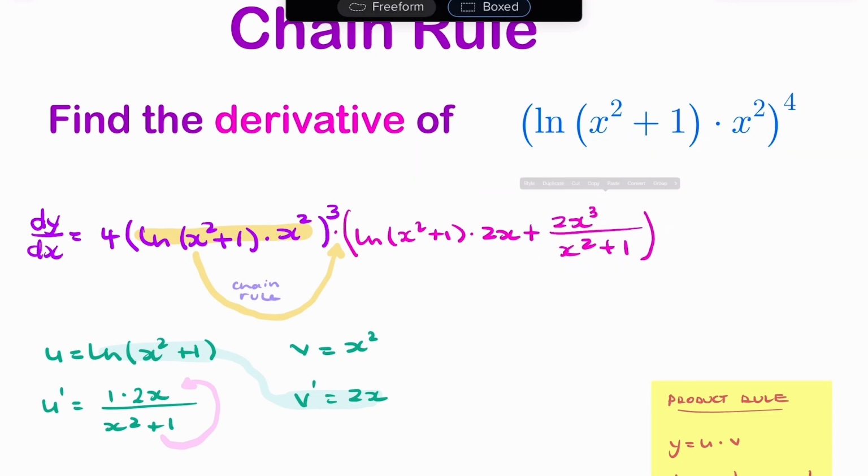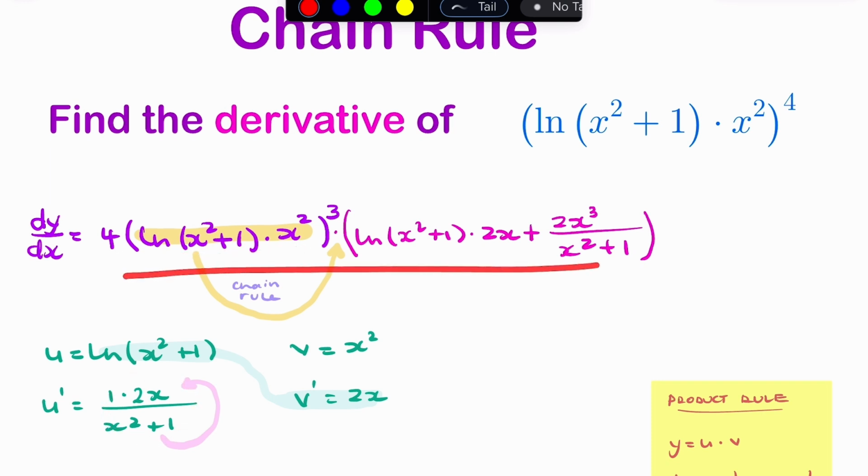Do I need to do anything more? I don't think so. I think that now is our final answer, because we have differentiated this and we've already applied the chain rule internally there.